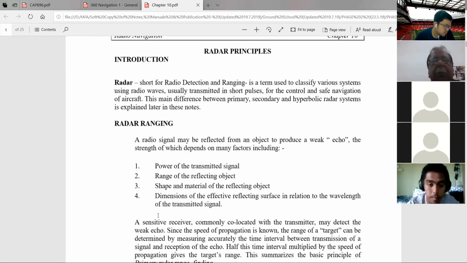When this beam comes across a particular object in any particular direction, that direction is indicated on the screen of the person controlling the radar on the ground. So he knows the range and the bearing of a particular object. And this is exactly what we want in radar. We should know where the aircraft actually are.